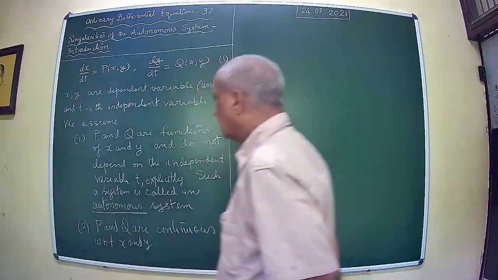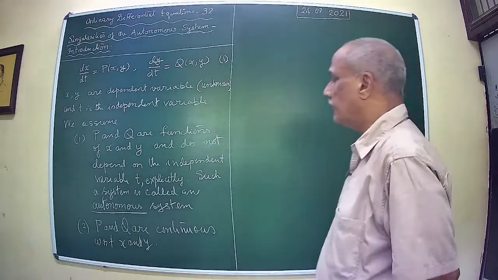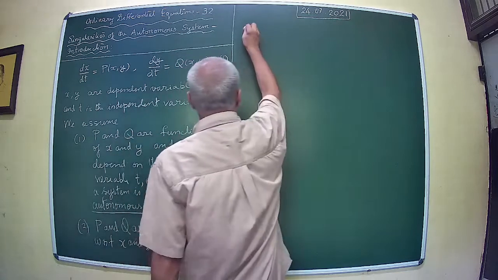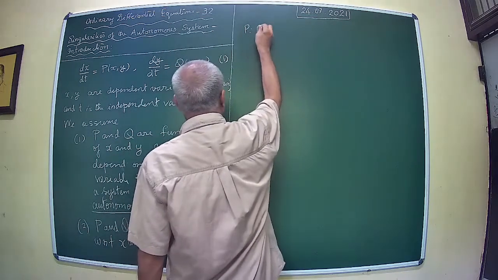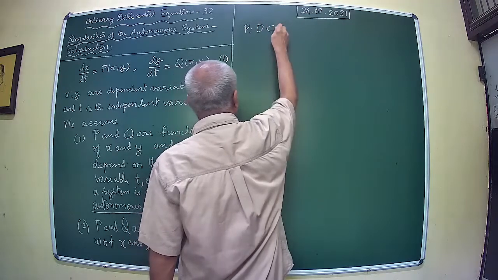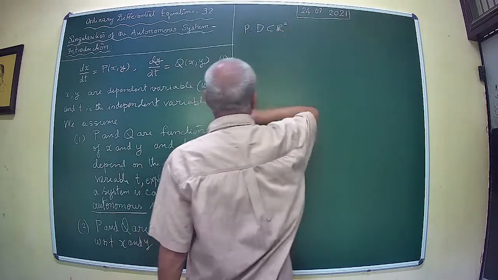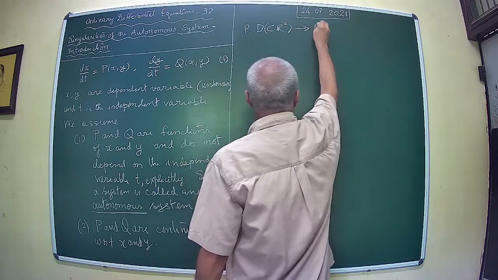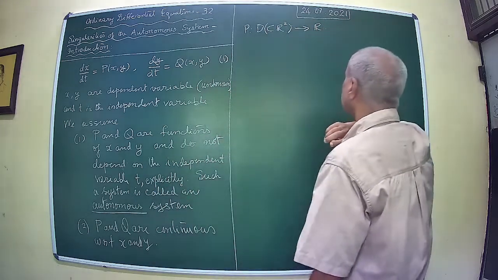See, they are real valued functions. So P is a real valued function from some domain D contained in R2, and we are assuming it is continuous.